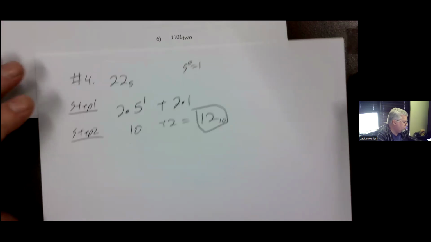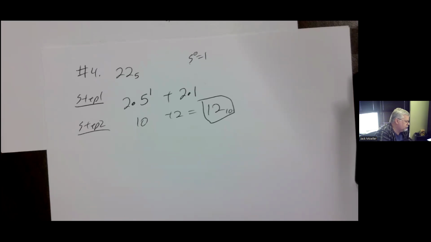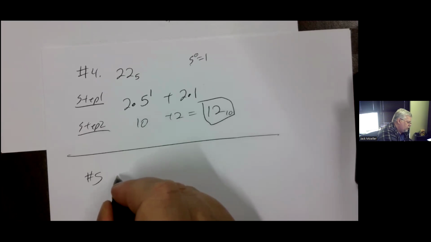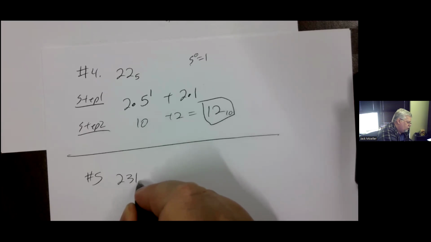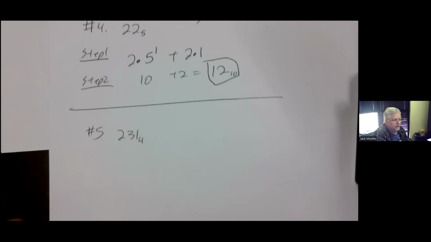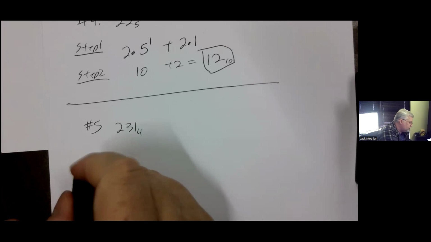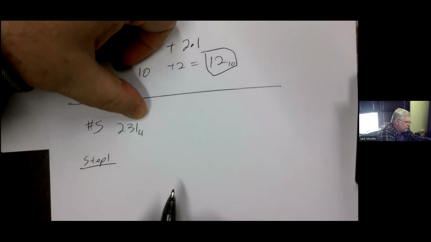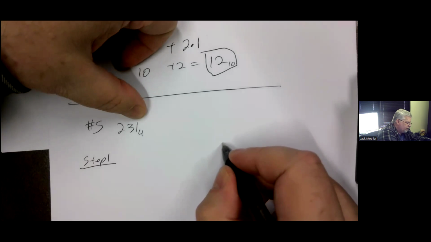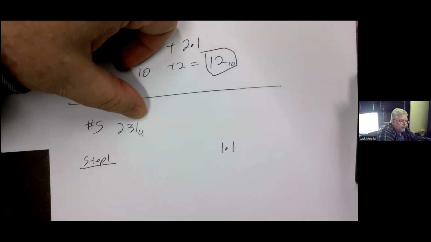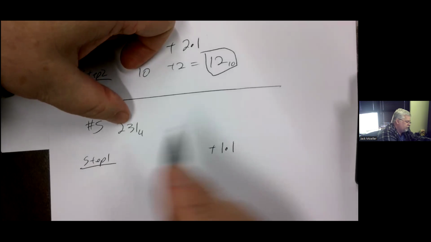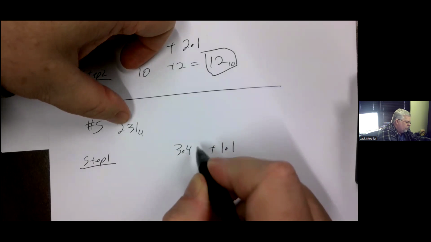Okay. So let's do a little bit longer number, more than 2 digits. So number 5, we have 231 base 4, and we need to convert this to base 10. So step 1, convert this to expanded form. Start on the right, because that's the ones place value. So we have 1 times 1. Now the second column, we're in base 4, so this is going to be 3 times 4.